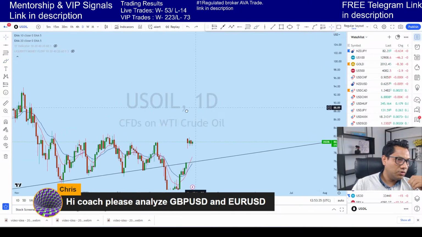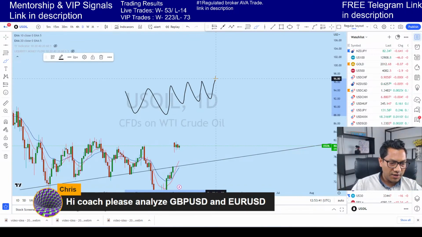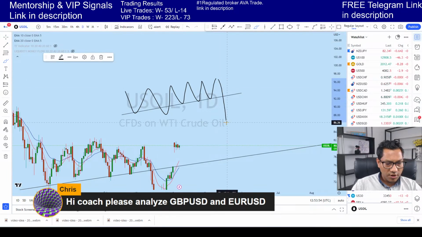You'll see this over and over in the market, and understanding it will really change your trading. When you see an uptrend suddenly break down and then go back up, it is a false breakout.